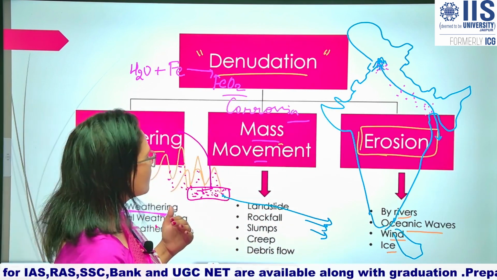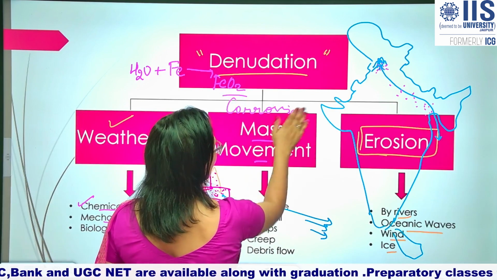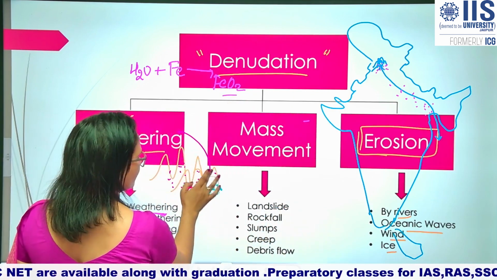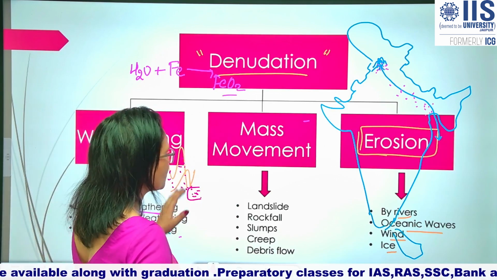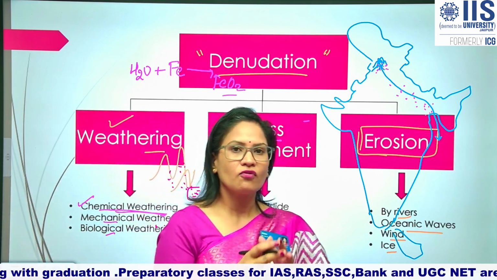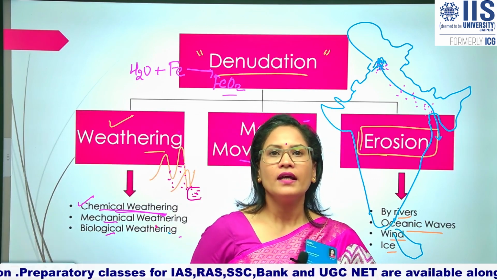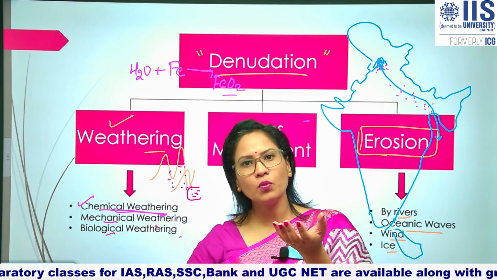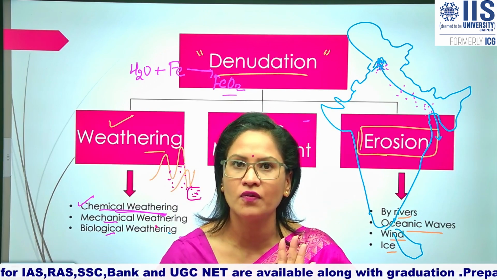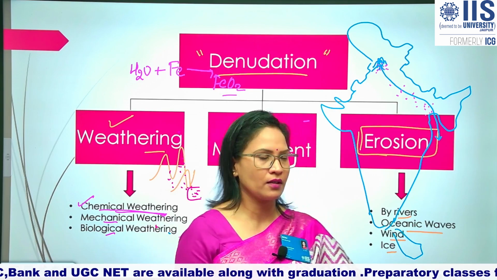The next term is mass movement. What does it mean? It means that when the disintegrated material or the debris material is flowing downwards with the help of the gravitational force of the earth, then it will be known as mass movement.